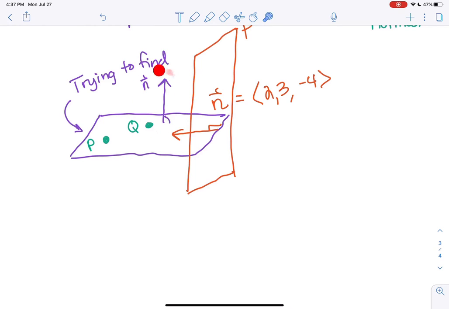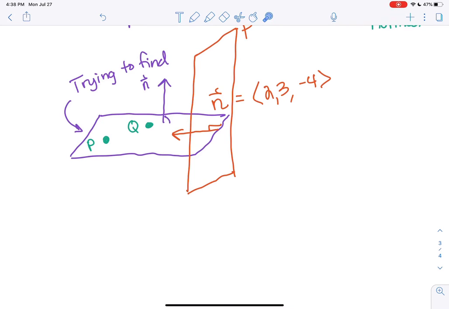Well, you'll have to recall from the last section, when we learned about the dot and the cross products, there was a unique characteristic of the cross product: whenever you took the cross product of two vectors, it would always give you a vector that was perpendicular to the two you took the cross product of. And so using that facet of the cross product, we can use it to our advantage to find a normal vector.